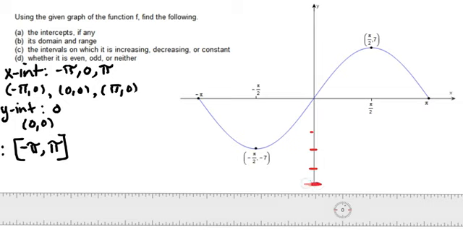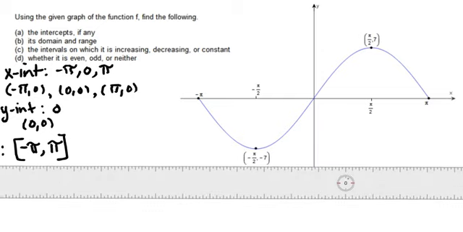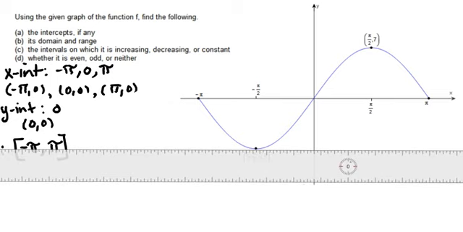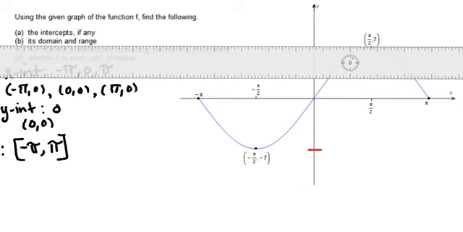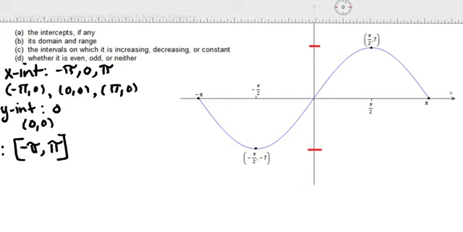As we go from bottom to top, we mark off the first time that my ruler hits the graph. This is the first time it hits the graph. Then I'm going to mark off the last time it hits the graph, which is right here. Pay attention to what those y values are. We have a y value of negative 7 and a y value of positive 7.